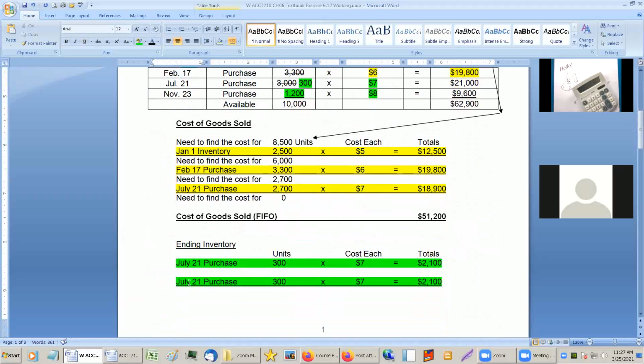Okay, we still have from November 23rd a purchase of 1,200 times 8. So that's 9,600.